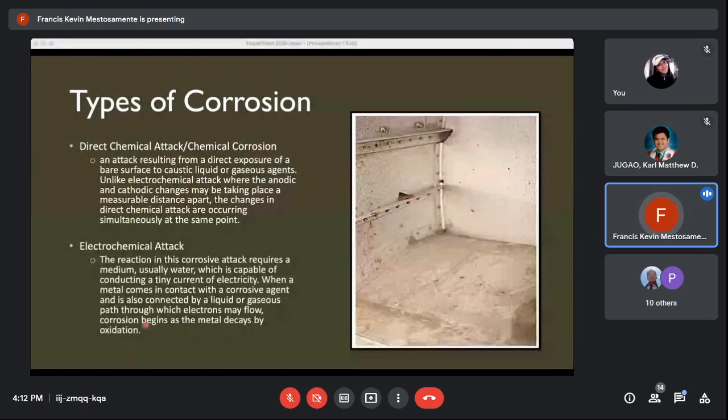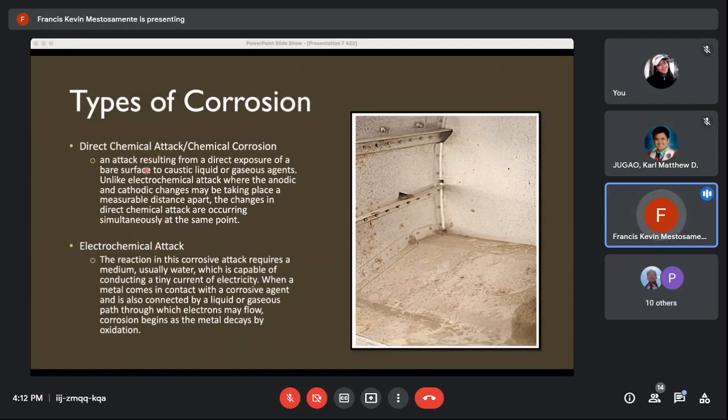Next slide, we have types of corrosion. We mainly divide them into two types: the direct chemical attack and the electrochemical attack. Both of these attacks, the process is the same. So the video I was referring to will be on the next slide.